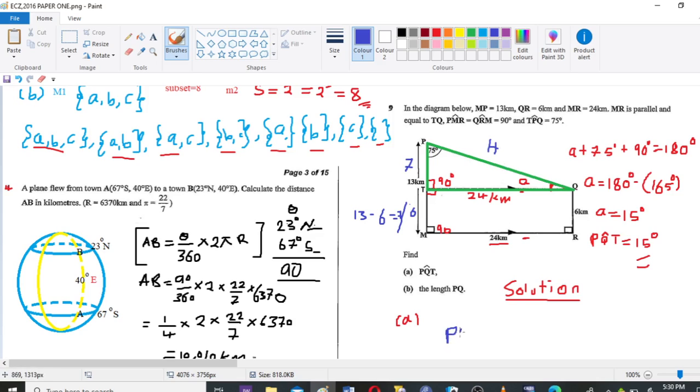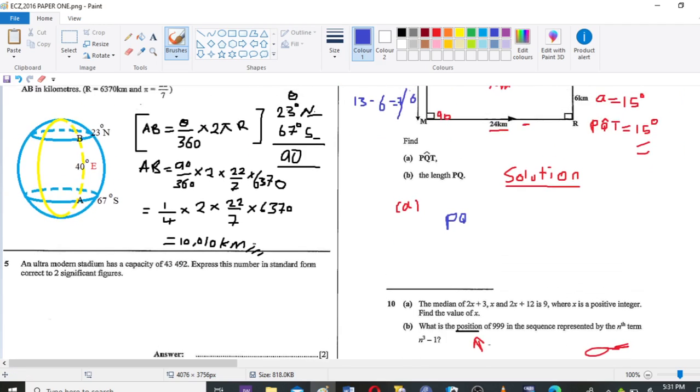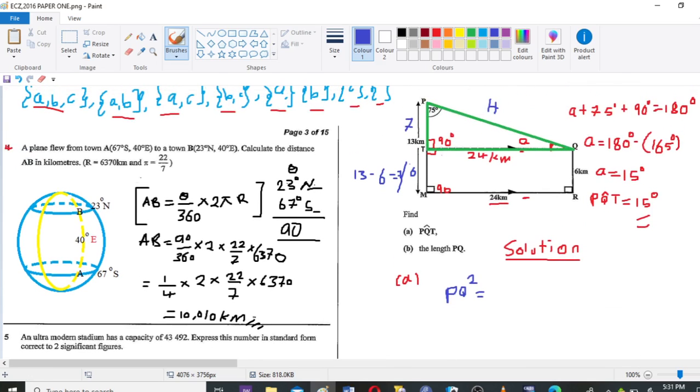PQ squared, using Pythagoras, is equal to PT squared plus TQ squared. Now our hypotenuse is what we are looking for.